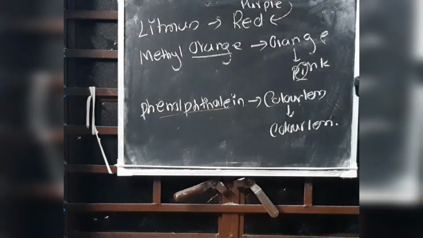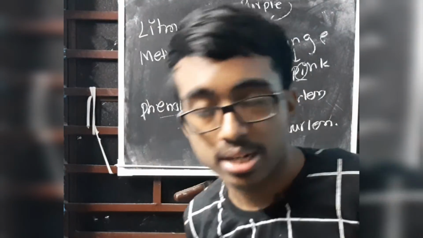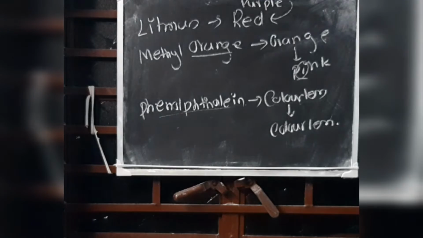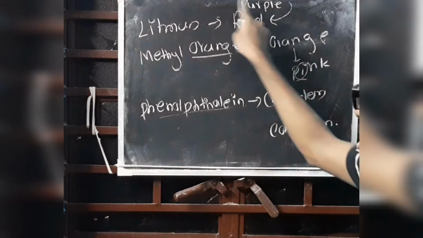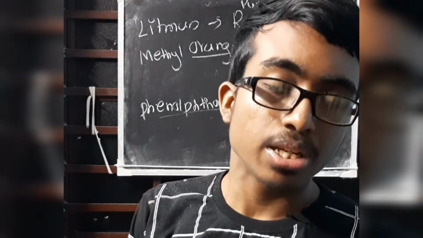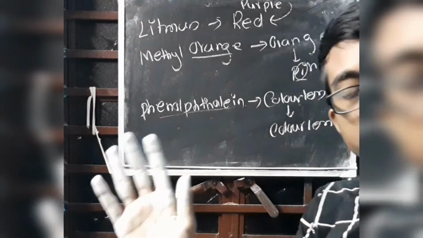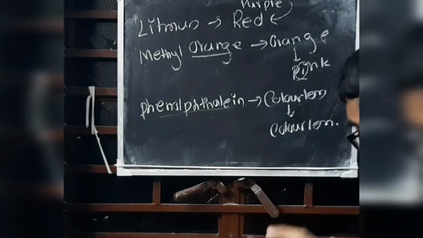Another one is called red cabbage extract. Color remains same as litmus. Red cabbage remains red in acidic solution. It was originally red, and now it's also red in acidic medium.